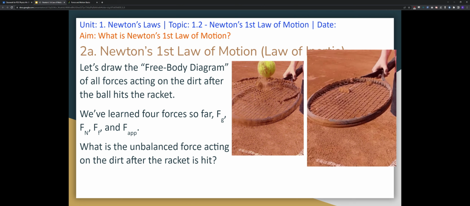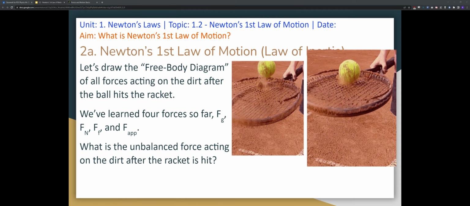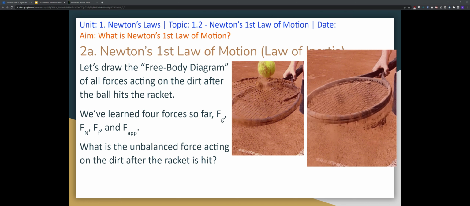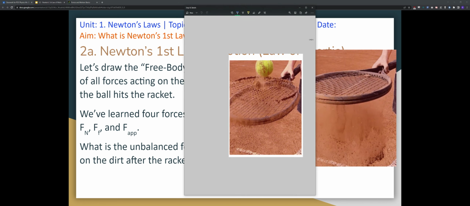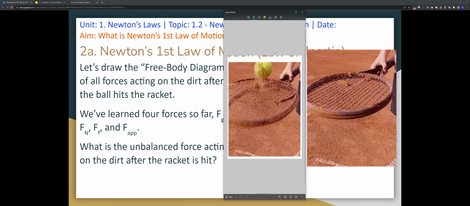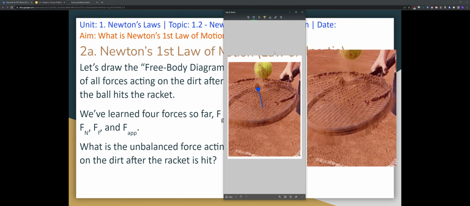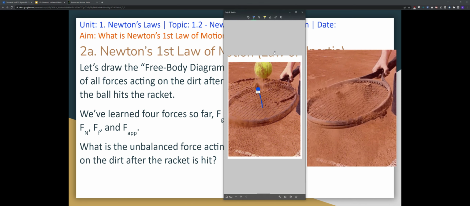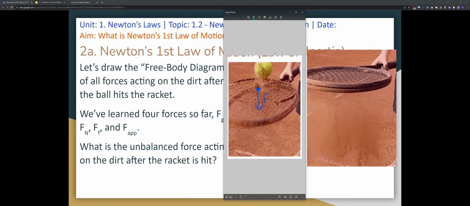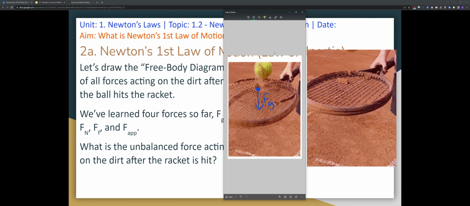And what does the free body diagram look like after the ball hits the racket? After the ball hits the racket, now there's only a force due to gravity acting down on the dirt, and there is no longer a normal force.